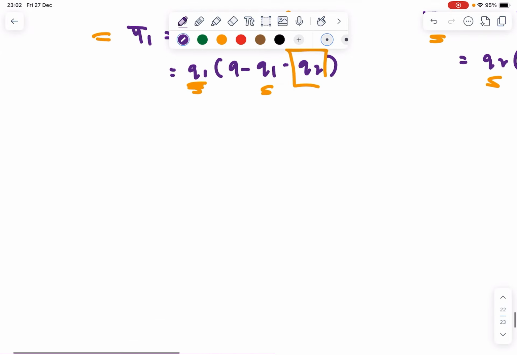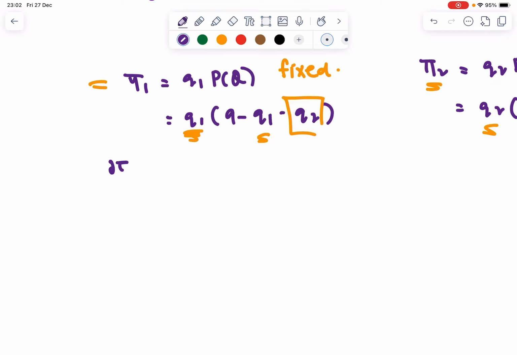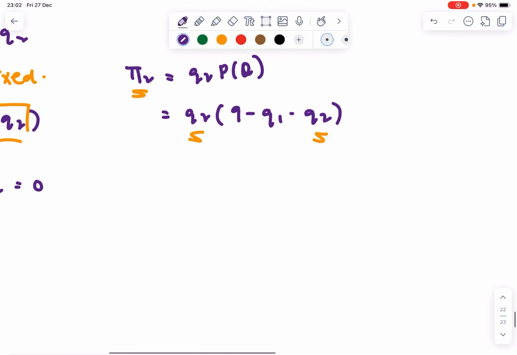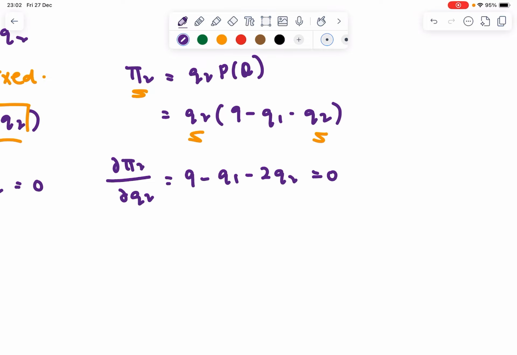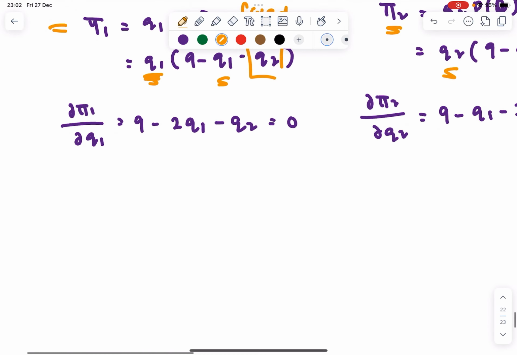When we differentiate this function, we take the first order condition for firm 1 and get 9 minus 2Q1 minus Q2 equals 0. Then we take the first order condition for firm 2 as well, and we get 9 minus Q1 minus 2Q2 equals 0.